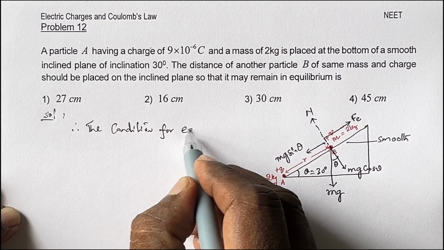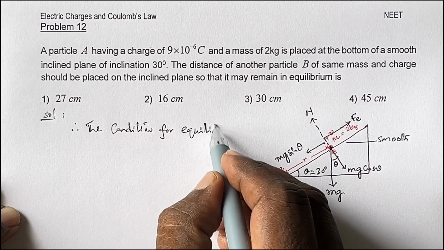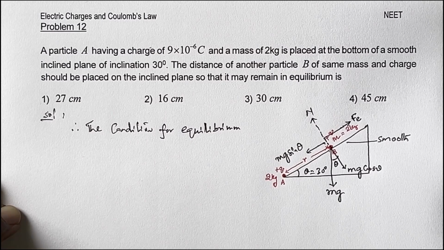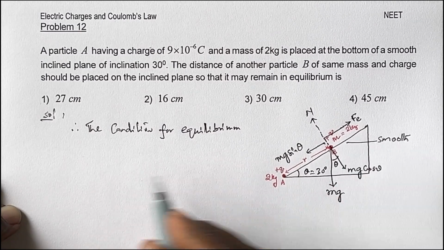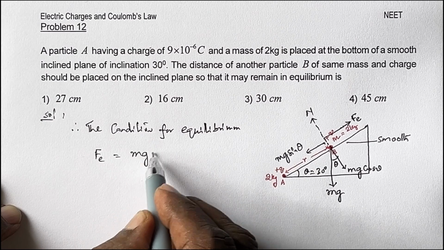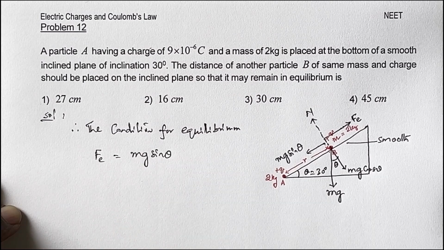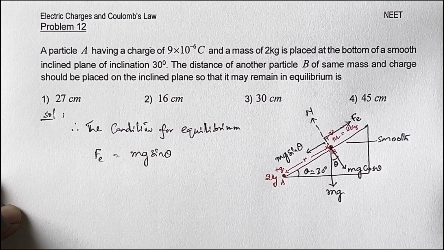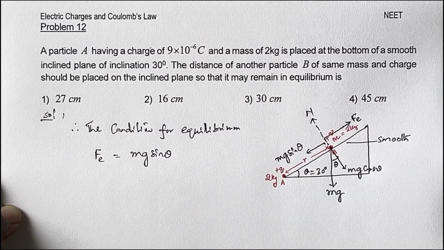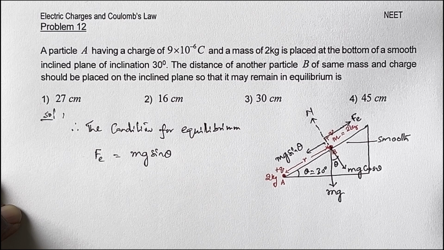Therefore, the condition for equilibrium. What is the condition for equilibrium here? This electrostatic force is equal to mg sin theta. Mg sin theta is the component parallel to the inclined surface, the weight component of a particle.